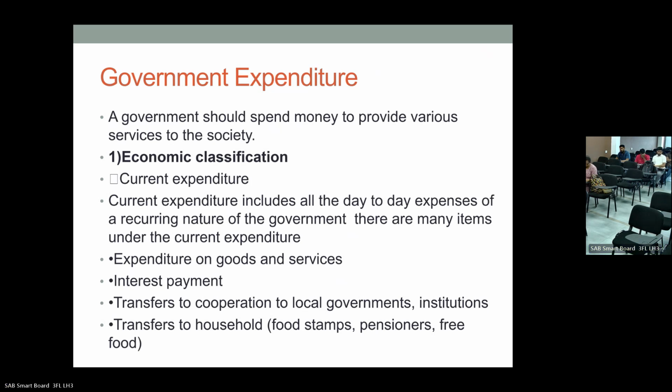Mostly, 85% of our government income is allocated for current expenditure and only 15% goes to capital, a very minor component. That is where we have the problem: high current expenditure reduces public savings.